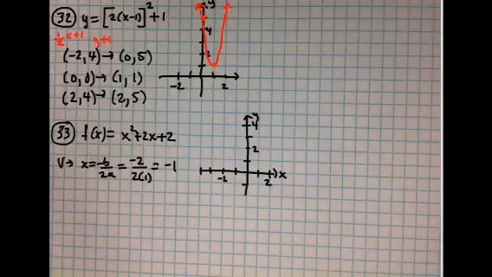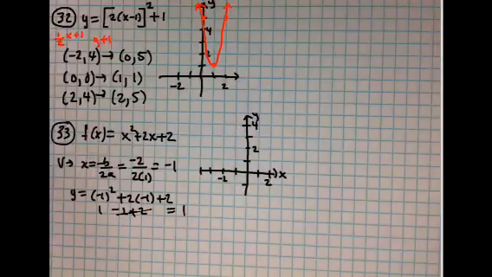So to find the y-coordinate, you just plug it in, so you're going to put -1 squared into the equation, plus 2. So this is 1 minus 2 plus 2, so -2 plus 2 is gone, and you're left with 1. So the vertex is -1, 1. Okay, so let's go ahead and plot that.